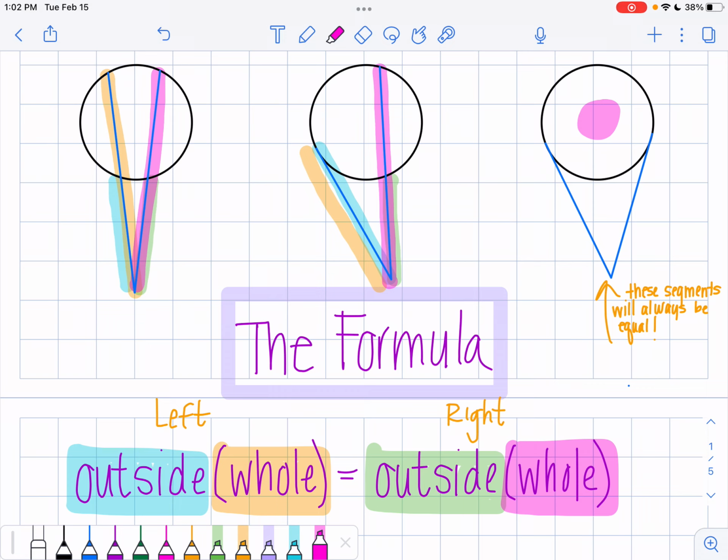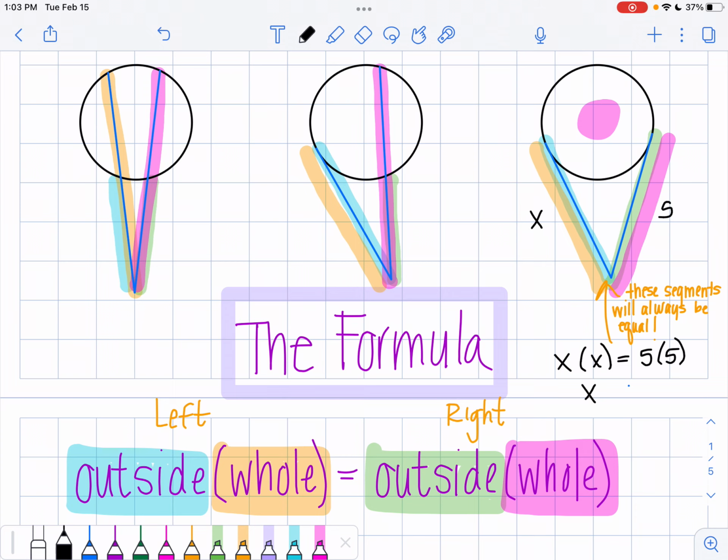These segments are always going to be equal, because we're taking this value, whatever this is, and then we're squaring it because we're multiplying it by its same value. And we're going to set it equal to the outside part, which is the whole thing, times the whole thing. So basically, if you were thinking about this with numbers, if this was what you were trying to find, x, and this was equal to 5, you would take x times x equals 5 times 5.